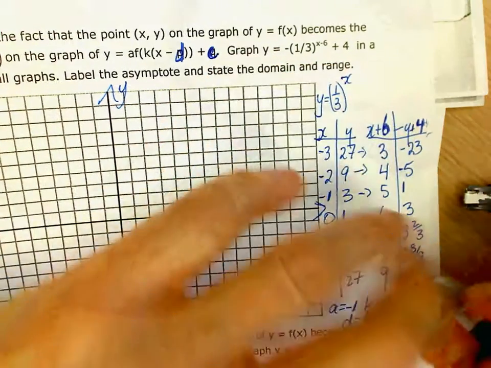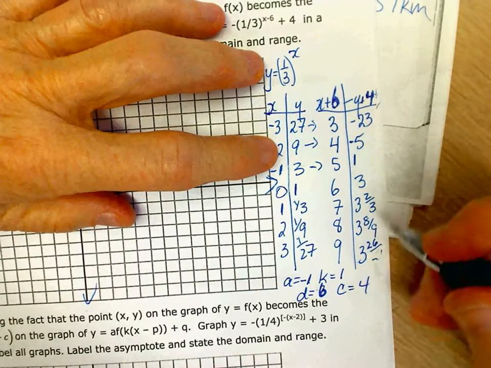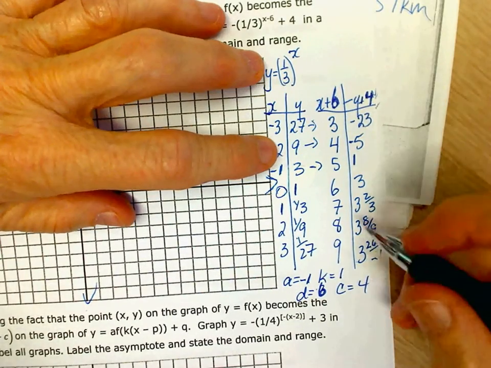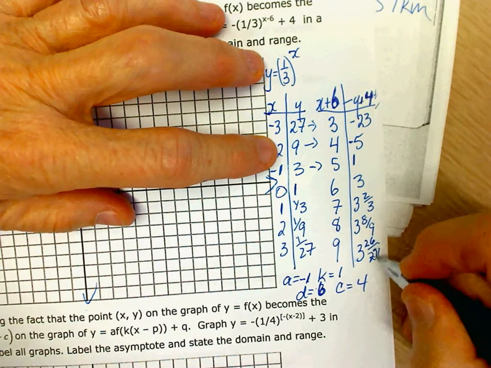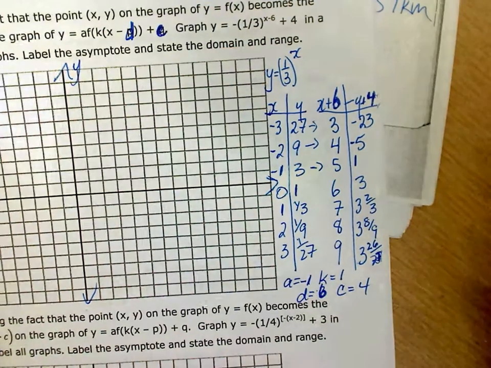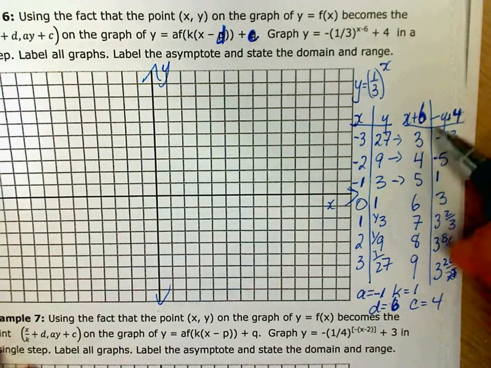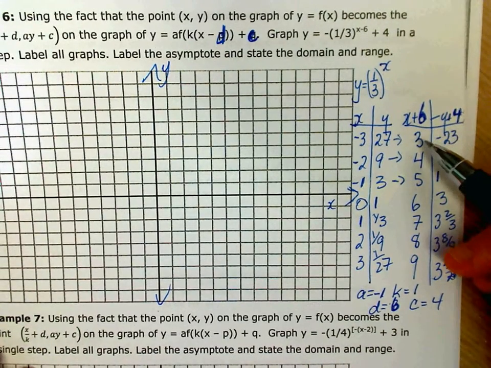I'll just try to fix that. That should be 27. Maybe I should take this off and then I can see how much paper I actually have left. Anyway, we don't need that much accuracy. That's our x. So let's graph the final graph in a single step.